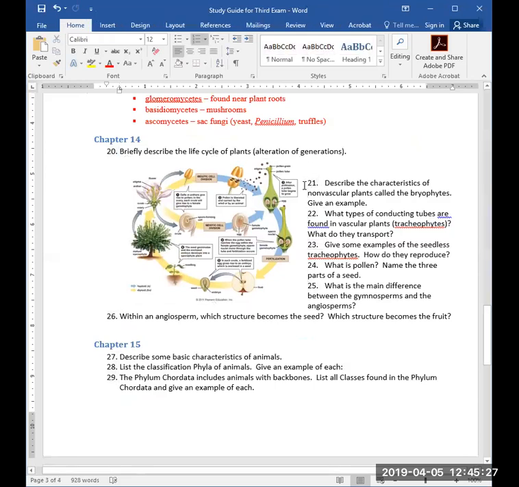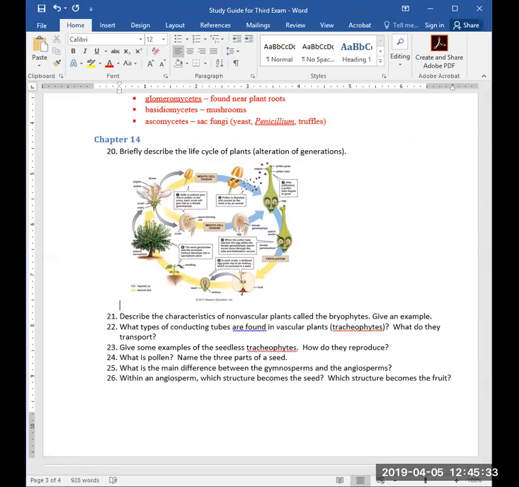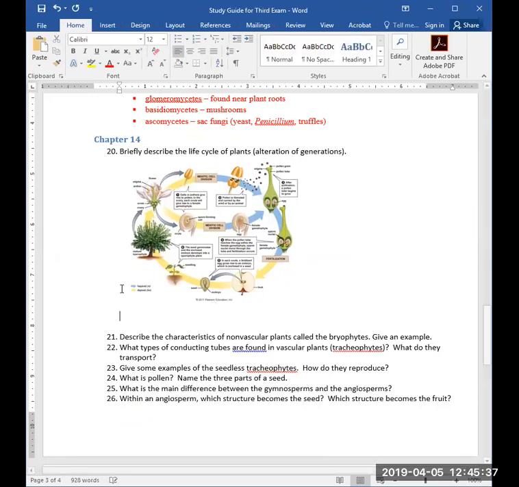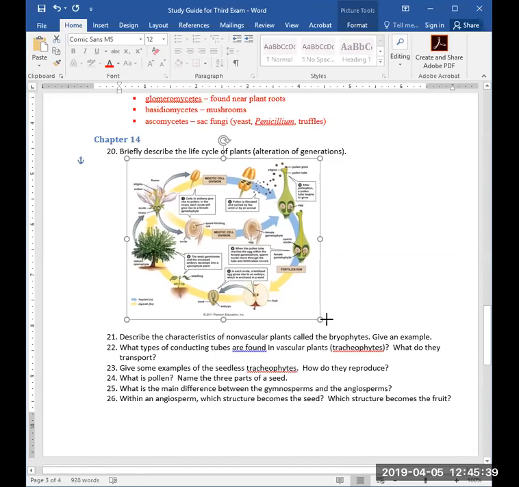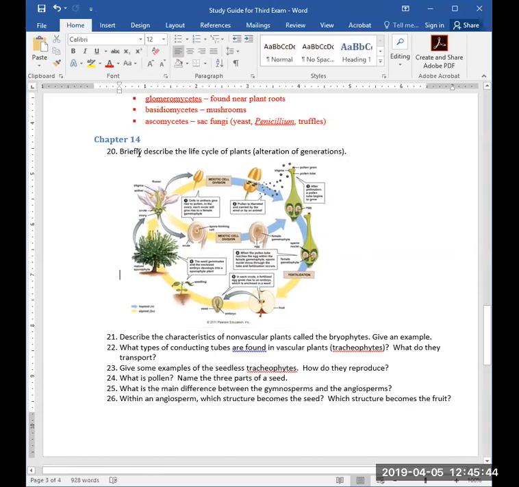The two different body forms are the sporophyte and the gametophyte. So plants alternate between these two types of organism, but it's the same organism.